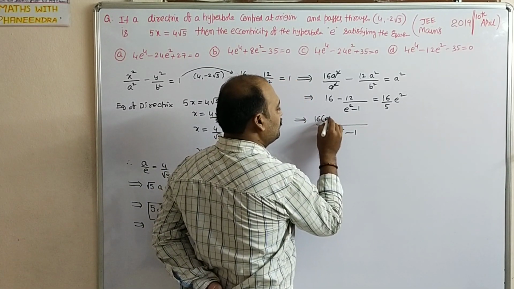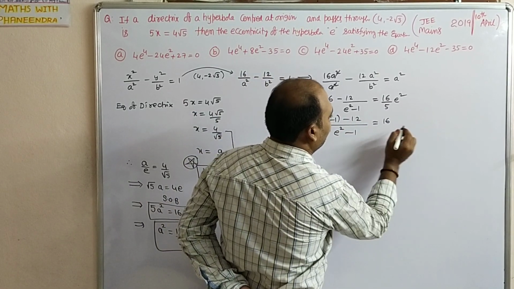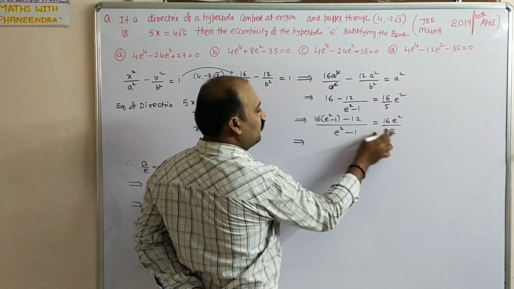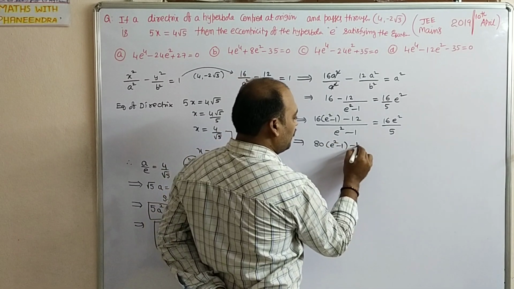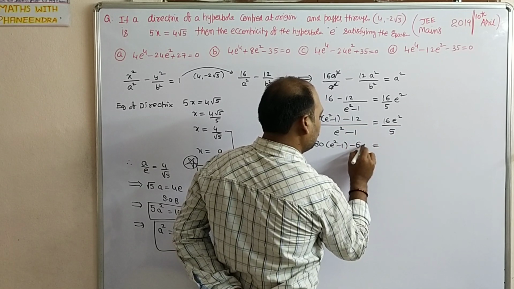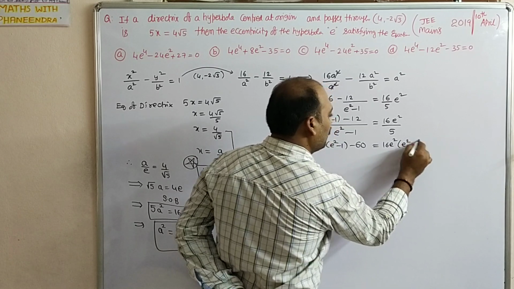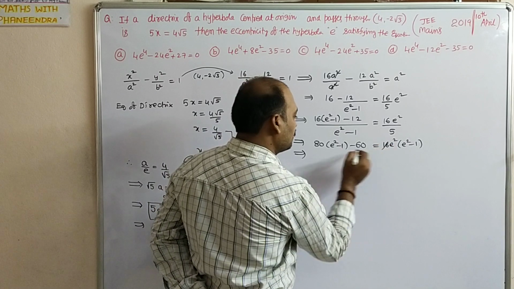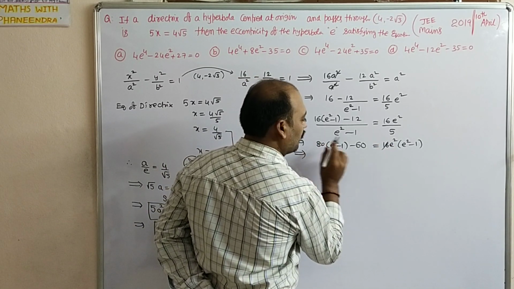So 16 into e square minus 1 minus 12 is equal to 16 e square by 5. Cross multiplying, 5 into 16, 80 into e square minus 1 minus 12 into 5, 60, is equal to 16 e square into e square minus 1. Sorry, directly you cannot cancel the 16s, you cannot do that.